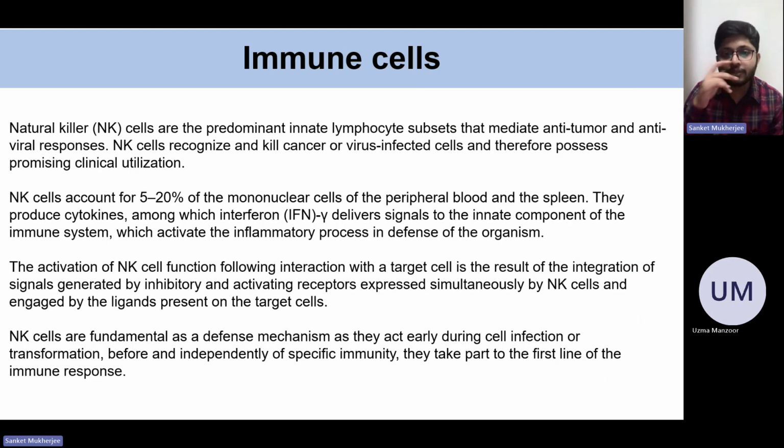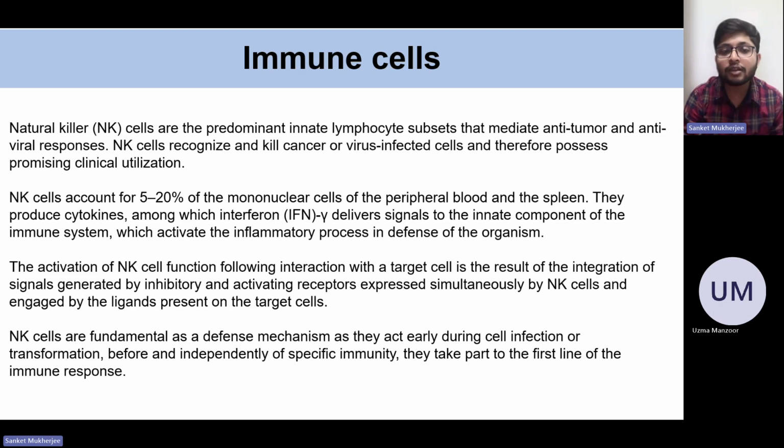So about natural killer cells, they are predominant innate lymphocyte subsets that mediate anti-tumor and antiviral responses. So that gives us the answer. Natural killer cells recognize and kill cancer or virus-infected cells and therefore possess promising clinical utilization. One of the best things about these cells is that they are present as a part of the innate immune system.